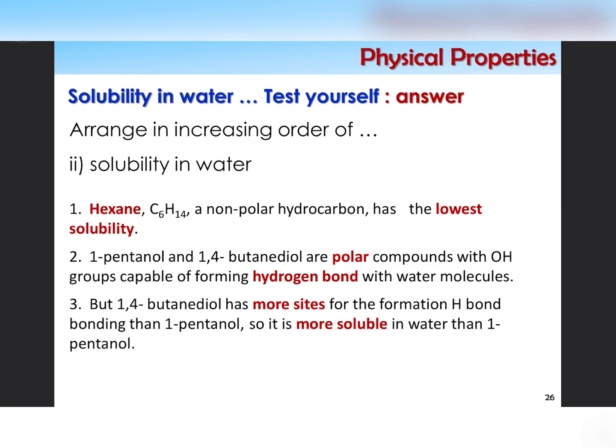So both of them able to form hydrogen bond with water molecule. So bila kita kata that structure able to form hydrogen bond, means that structure ataupun compound tersebut is soluble in water. Okay, but 1,4-butanediol has more site for the formation of hydrogen bond. Dia boleh form lebih banyak hydrogen bond compared to 1-pentanol. That is why kita cakap 1,4-butanediol is more soluble compared to 1-pentanol.